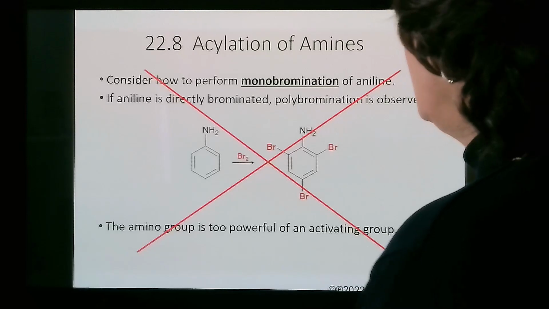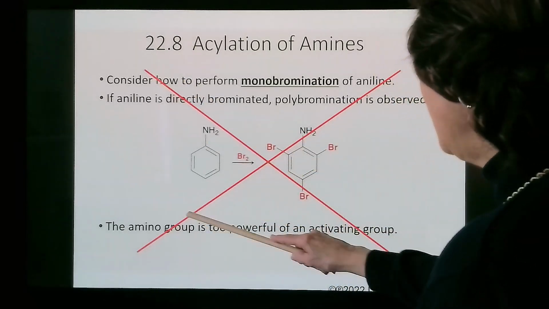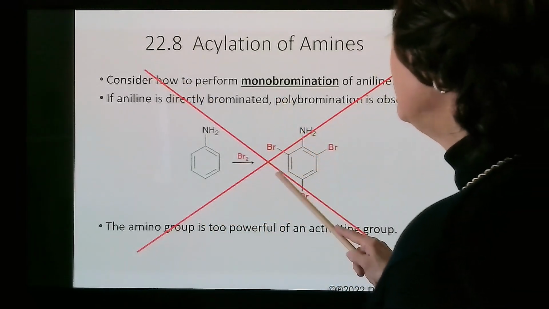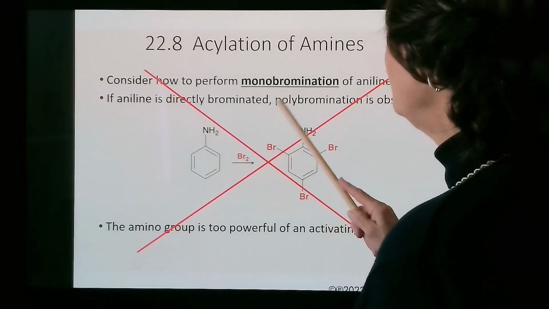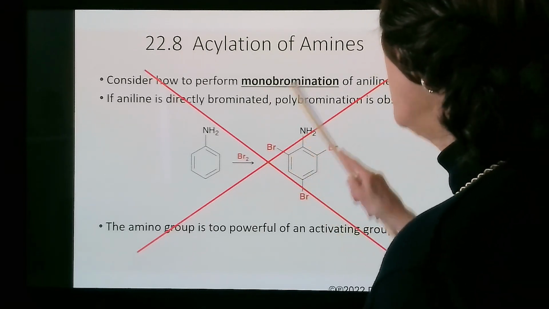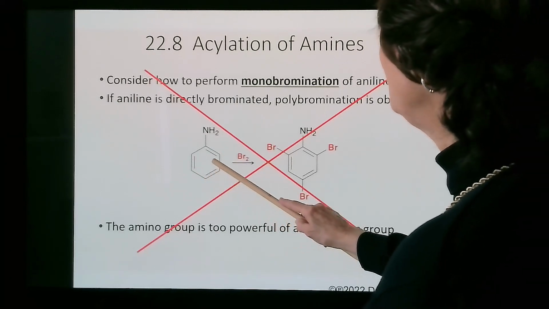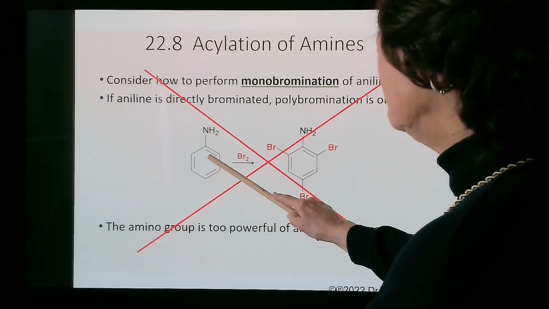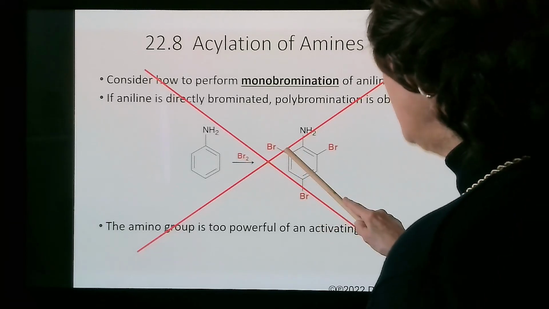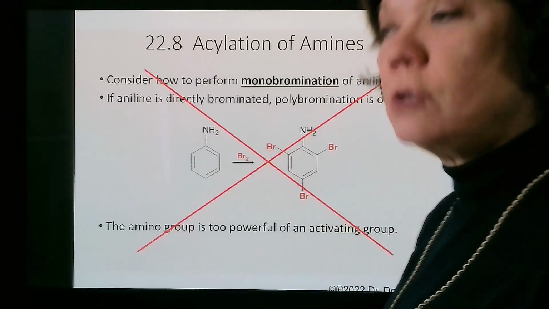Now here, I've got a red X across this because this reaction is not successful for monobromination. If you simply use aniline and try to do a monobromination, it is not possible.